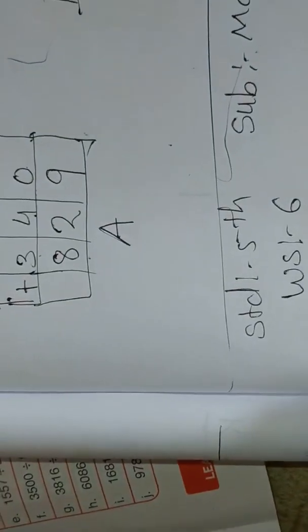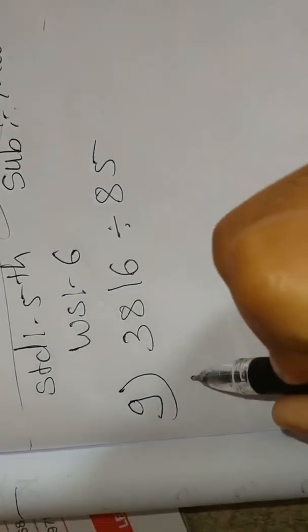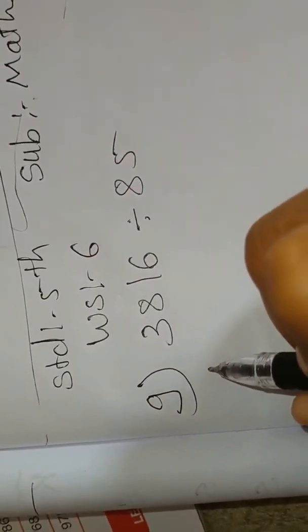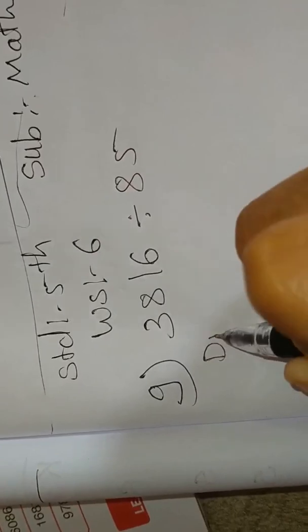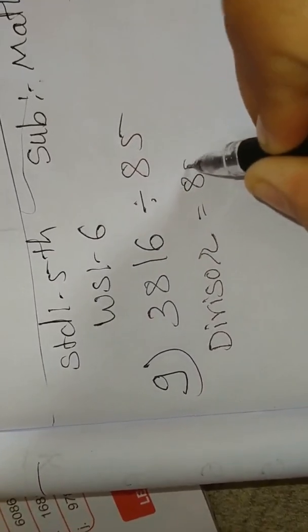Now we'll start sum G. The question is 3816 divided by 85. So we have to start the division. First of all, we have to find the divisor. Divisor is 85.